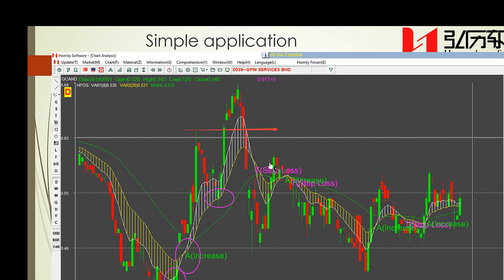And then the price is moved back so many, right? So this is a fast uptrend. Usually after a fast uptrend, it will be a fast downtrend. So we should avoid the risk.